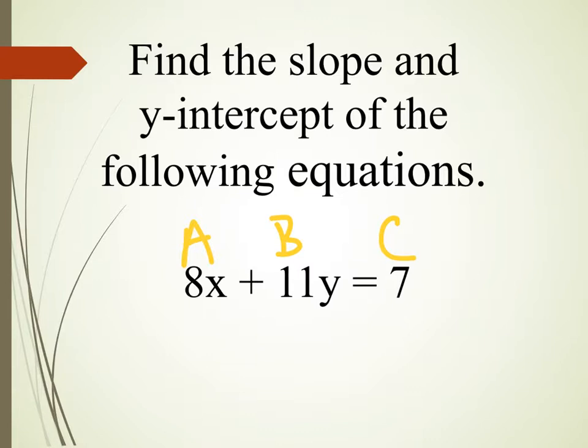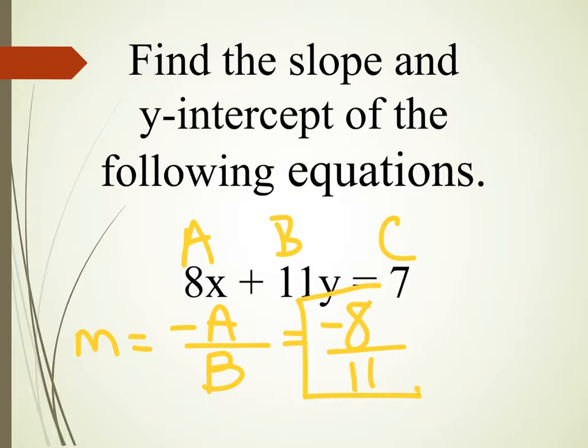So keep in mind from the previous slide, your slope is negative A divided by B. According to the equation above, A is 8, B is 11, and it says negative A, so I'm going to put a negative in front of my 8.